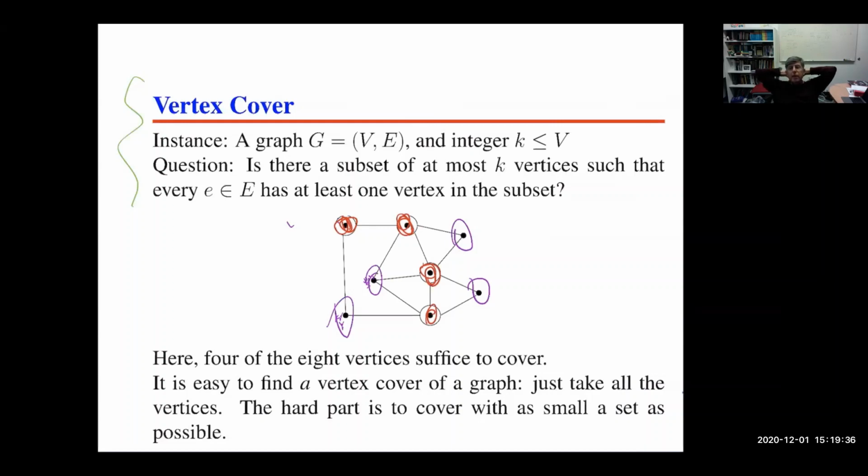How can we write this reduction between vertex cover and independent set using our Bandersnatch mobility thing? What is Bandersnatch going to be? Somebody yell. What is my Bandersnatch? Vertex cover. I'm hearing vertex cover.